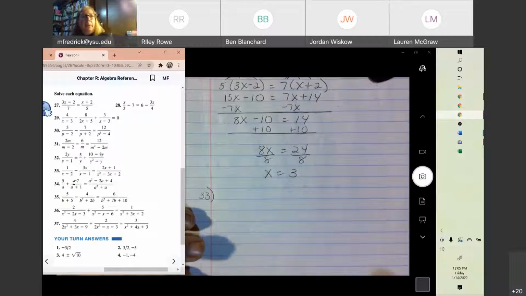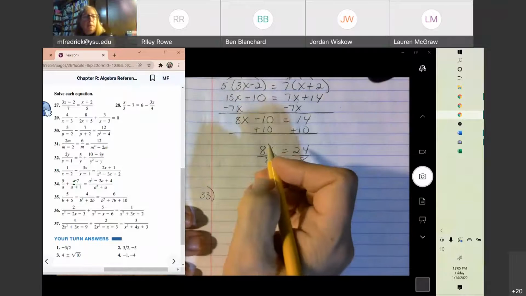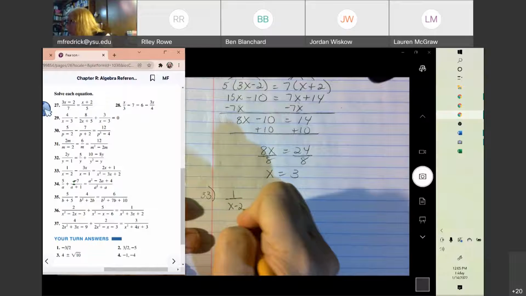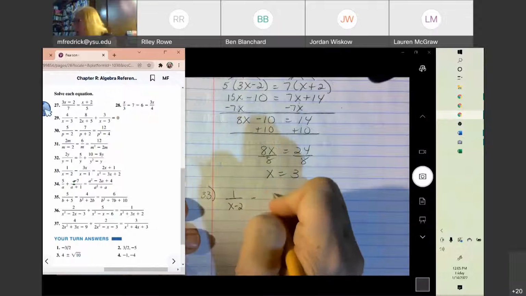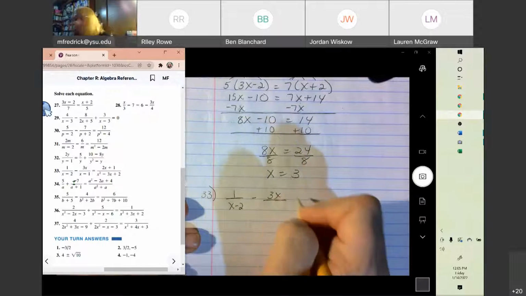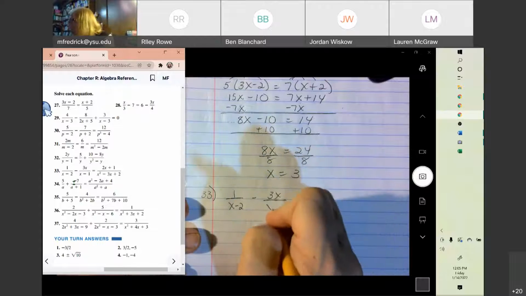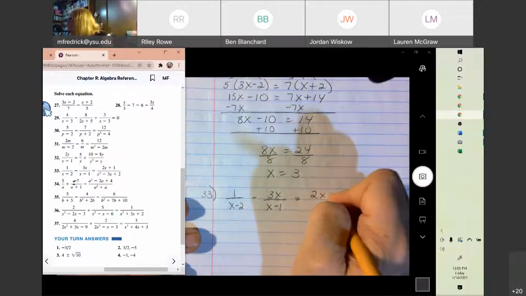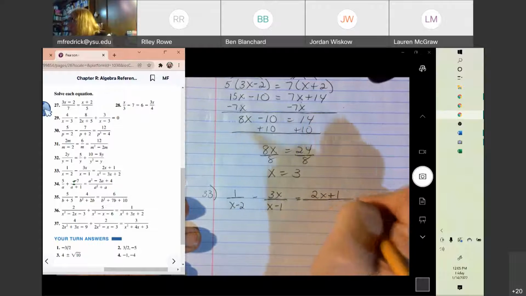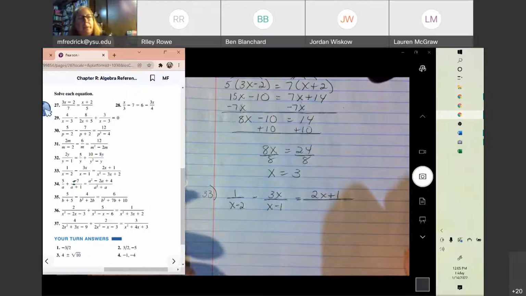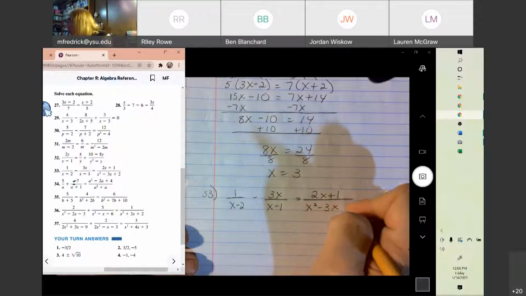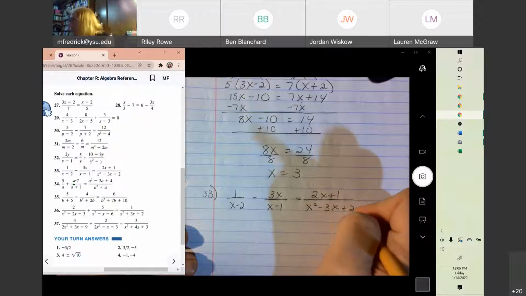And these come right from your book. 1 over x minus 2 minus 3x over x minus 1 equals 2x plus 1 over x squared minus 3x plus 2.